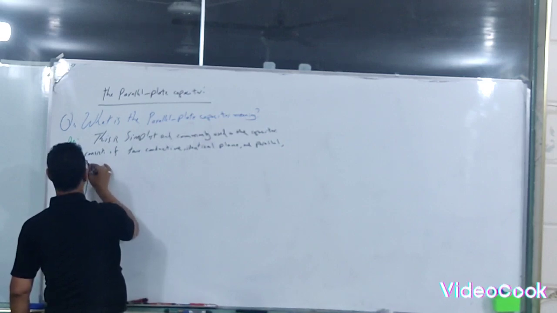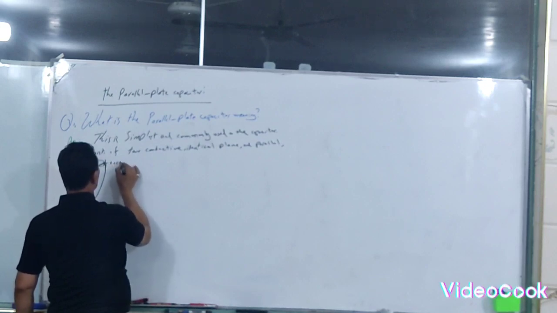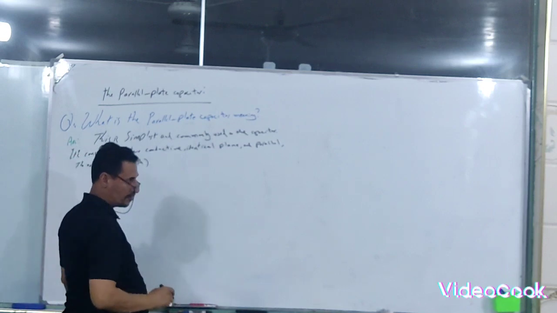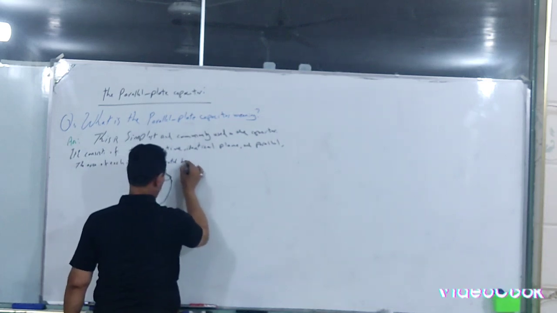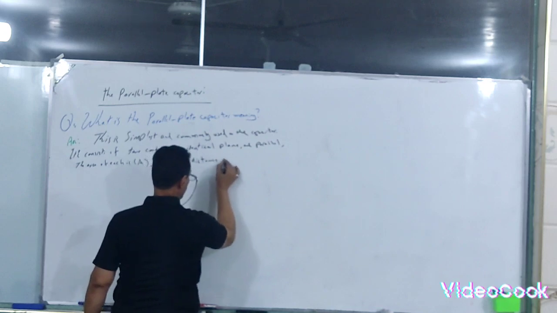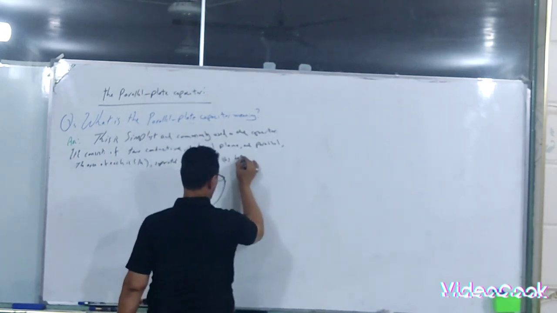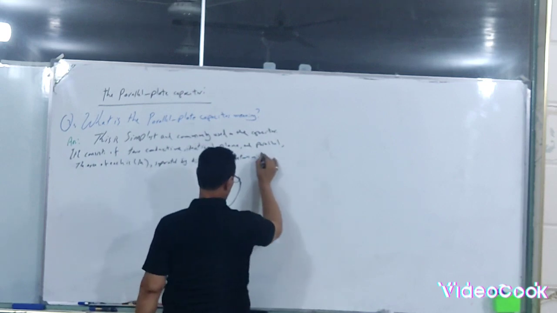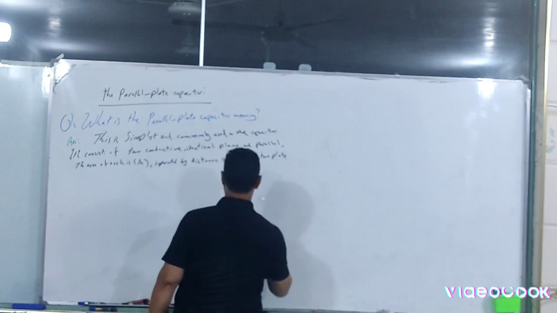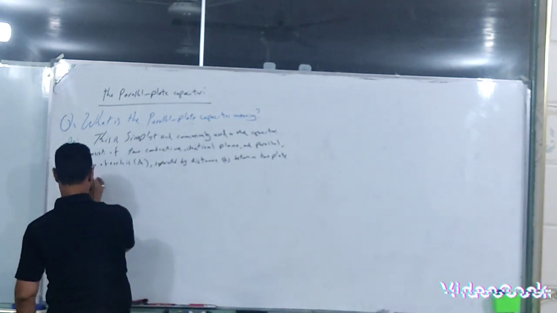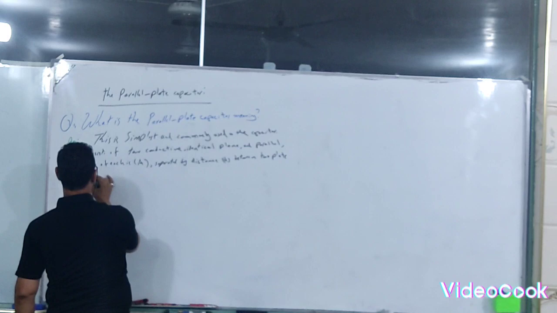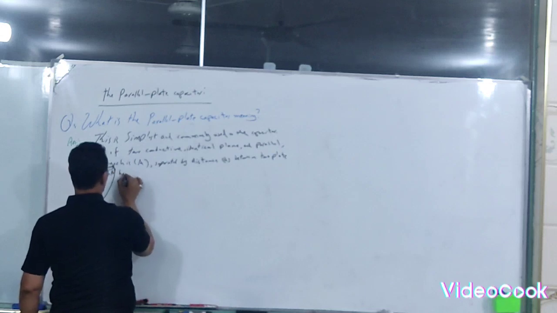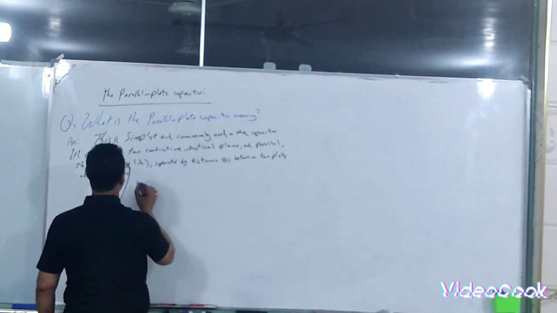The area of each plate is capital A. These plates are separated by a small distance d, and equally but oppositely charged.